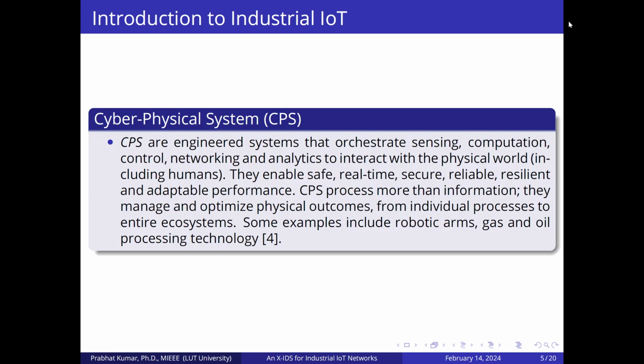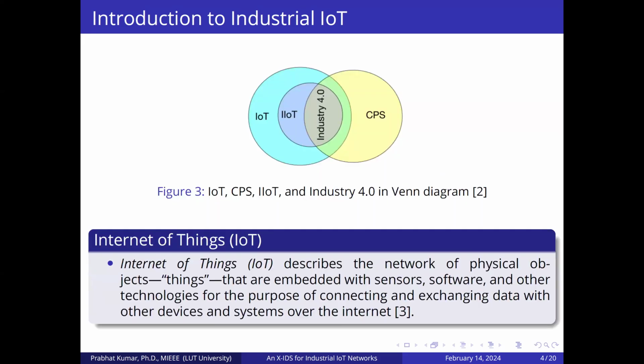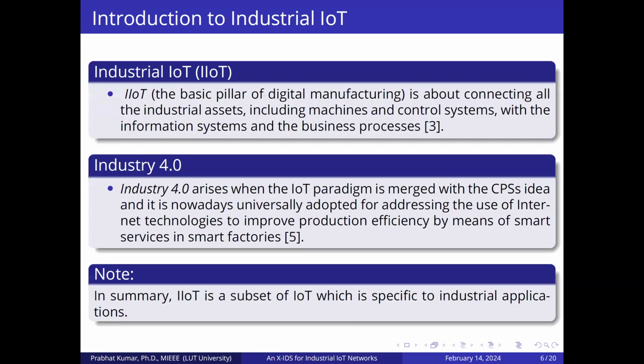So this is why in my previous Venn diagram, if you see, we had a very big circle of CPS, cyber physical system, and Internet of Things, because these two are very broad concepts. And when you merge these two concepts together, then in between we have this Industry 4.0, which actually comes from Industrial Internet of Things only.